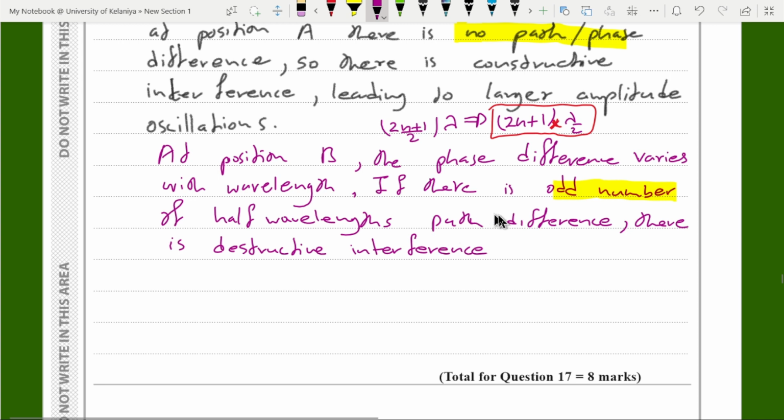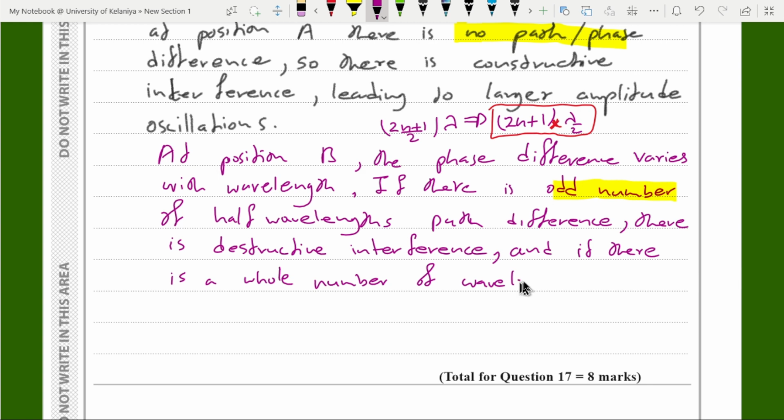And for the 6th point, there is a whole number of wavelengths path difference, then what will happen?